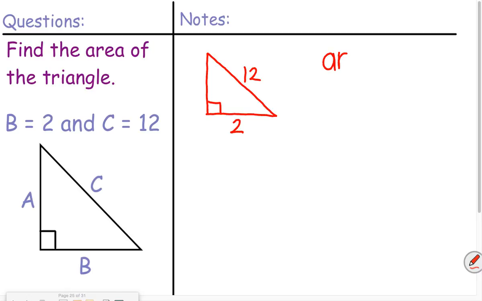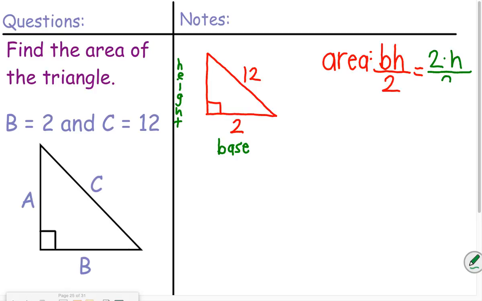So area of a triangle is base times height divided by 2. Right now, I know that the 2 is my base, so I can plug 2 in for B. My height, I don't know, so that is what I'm going to need to find. So we're going to leave it as 2 times h divided by 2.